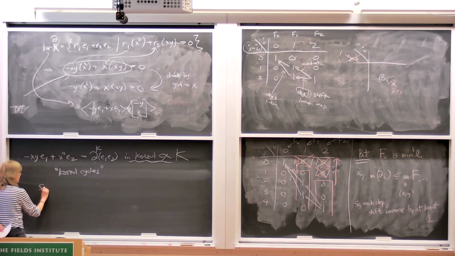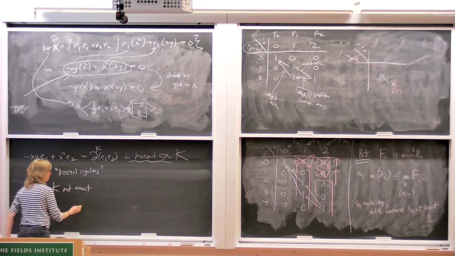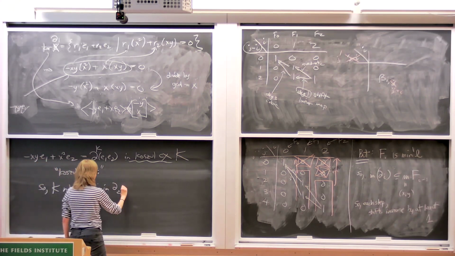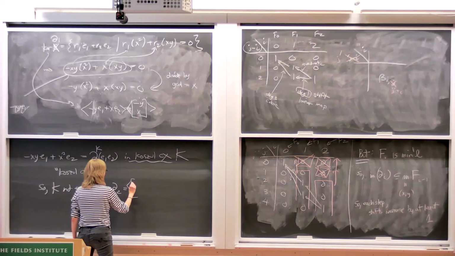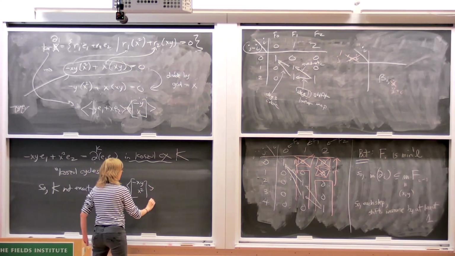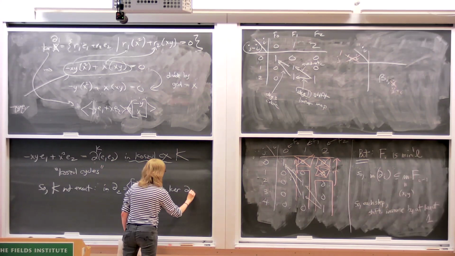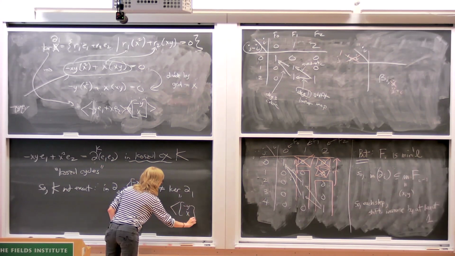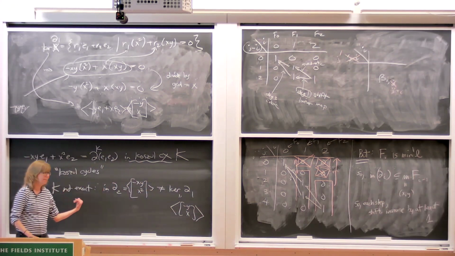So K is not exact. The image of boundary 2 is this guy, which I'm now going to write as a column, minus xy, x squared. And that's not equal to the kernel of boundary 1, which was minus y, x. So the Koszul complex is not exact.